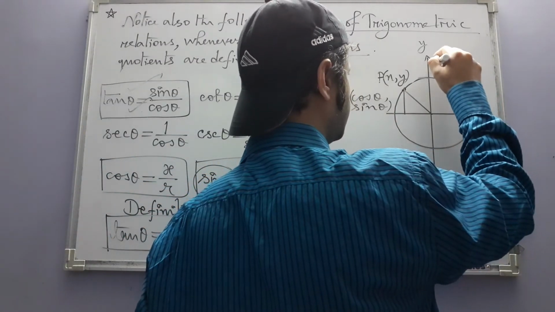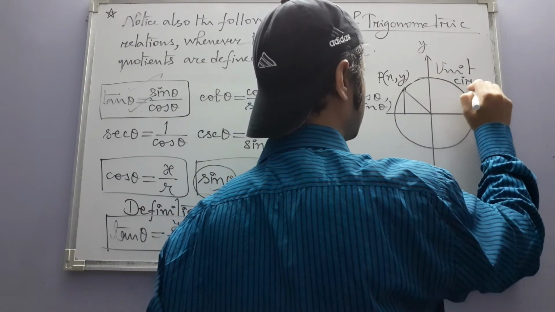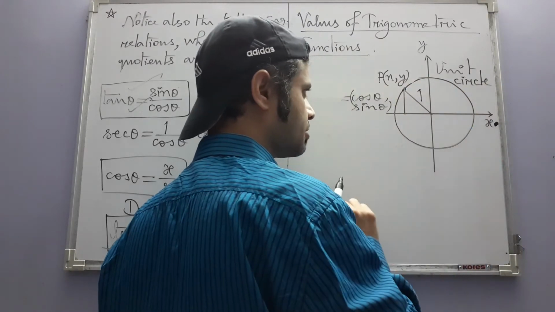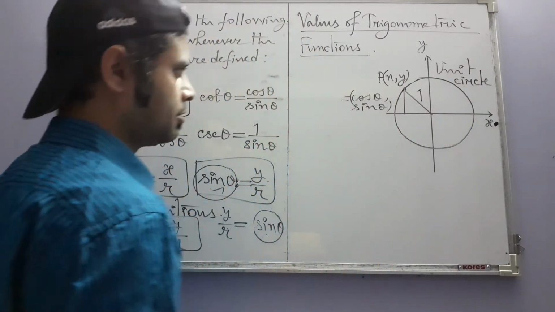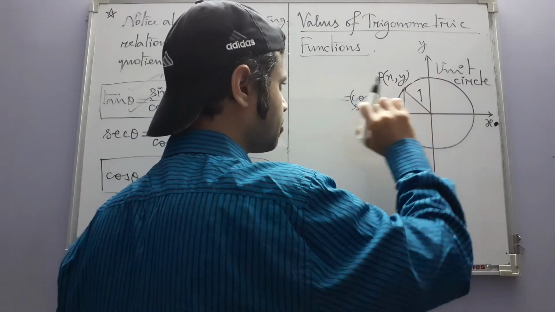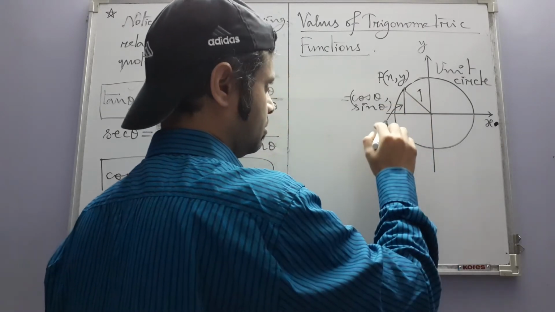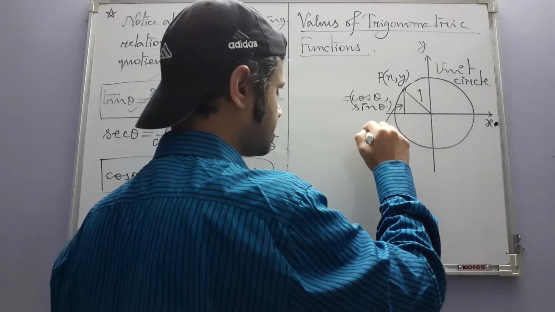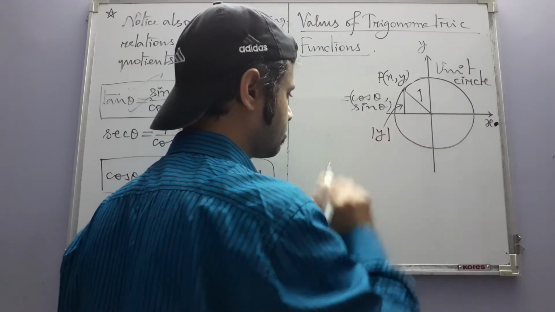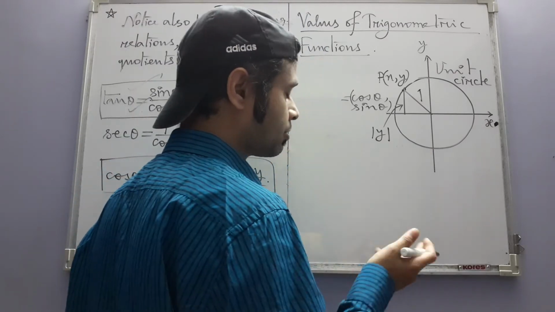So this is our unit circle. Its radius is 1, so that means this distance is 1, and the perpendicular we have dropped from this point on the x-axis, its length is actually y, but let us write absolute value of y, because we are considering length.